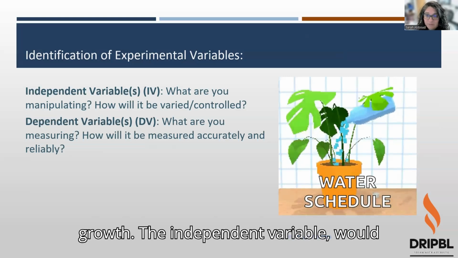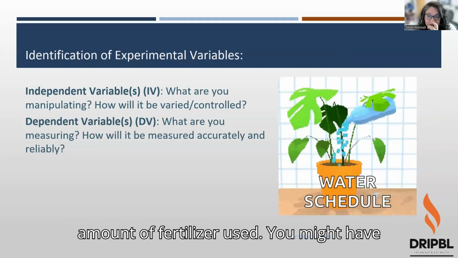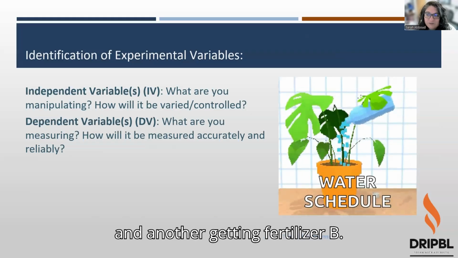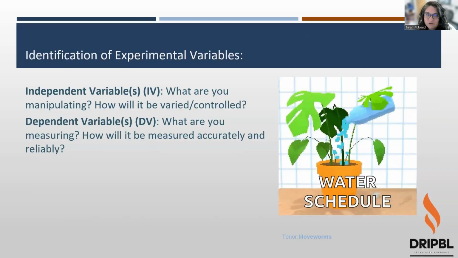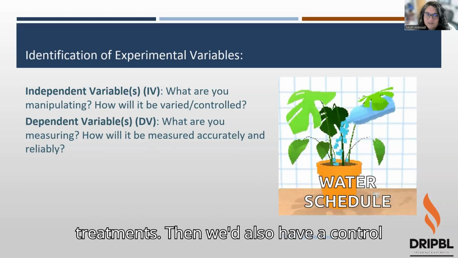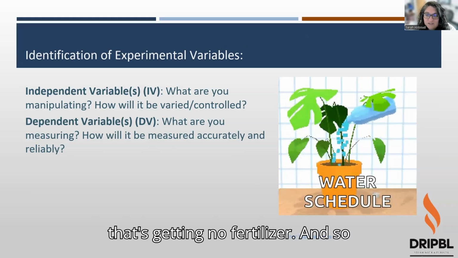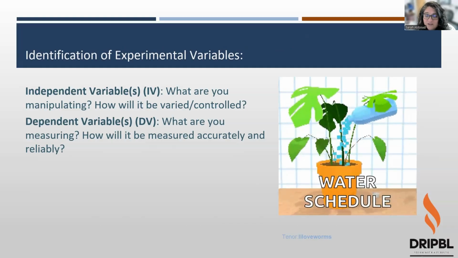The independent variable would be, say, the type of fertilizer or the amount of fertilizer used. You might have one group of plants getting fertilizer A and another getting fertilizer B. So we'd have multiple treatments. Then we'd also have a control, one that's getting no fertilizer. And so we're controlling the difference based on fertilizer and the amount of fertilizer.